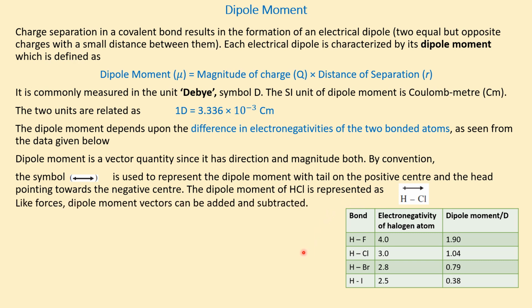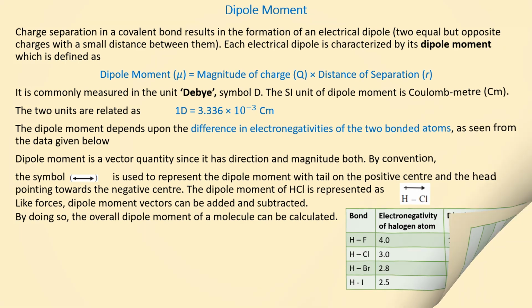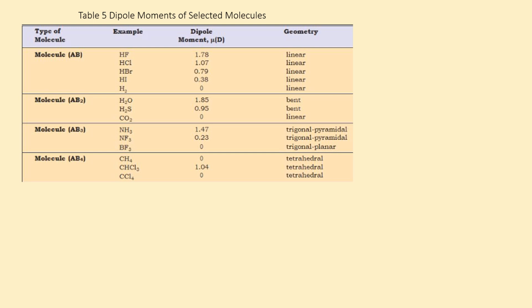Like forces, dipole moment vectors can be added and subtracted. By doing so, the overall dipole moment of a molecule can be calculated. Table 5 shows the dipole moments of selected molecules. Here, the first column indicates the type of molecule. The types of molecules may be AB type, AB2 type, AB3 type and AB4 type.